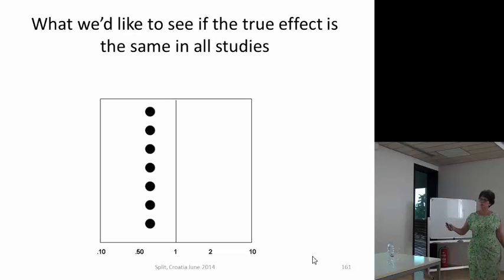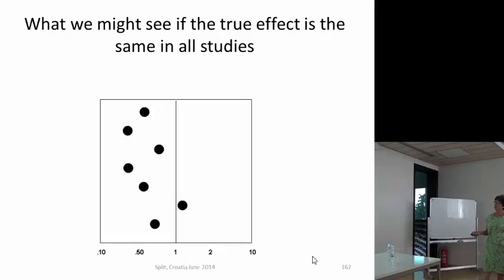Okay? So to try to visualize what I was talking about before, what we'd really like to be able to see if we had one true effect is this. In fact, because of sampling error, we actually see something like this, right? So the question is, is this due to sampling error, or is it likely that there are actually true differences between these studies?